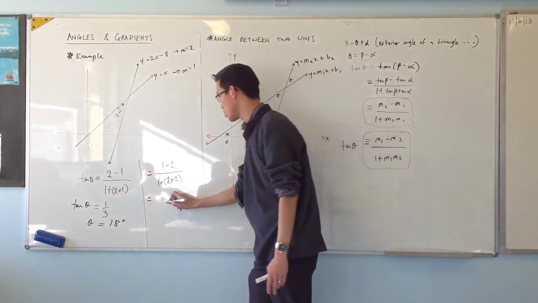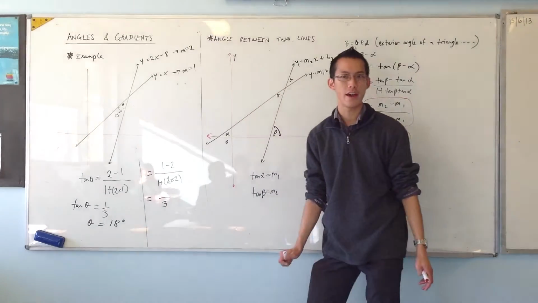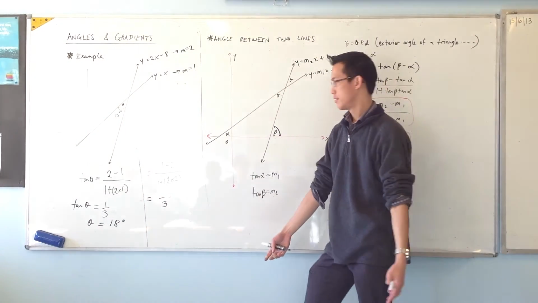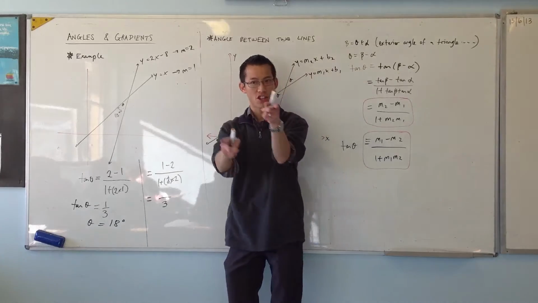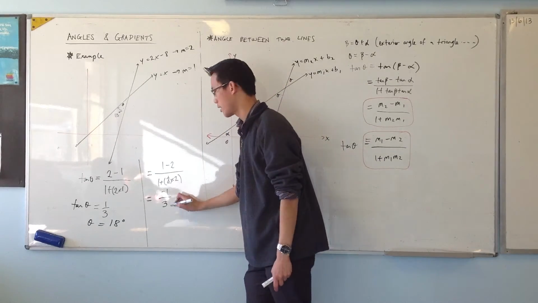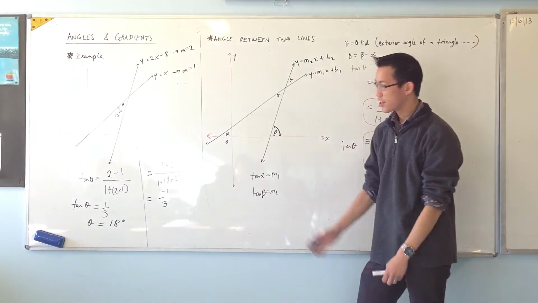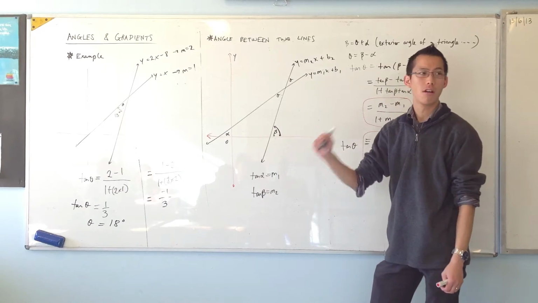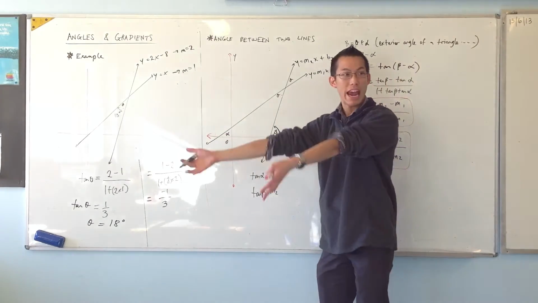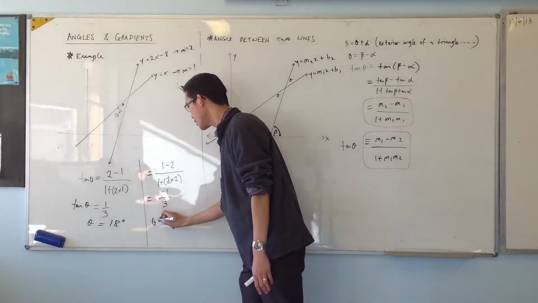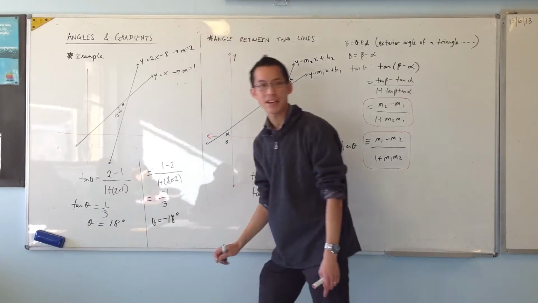So my denominator will still be 3, so no change there. But on the numerator, the only difference is as we switch them around, I've now turned it negative, okay? Now because tan is an odd function, when you apply tan inverse to both sides, you get theta is equal to minus 18.